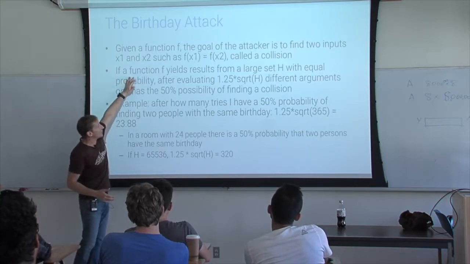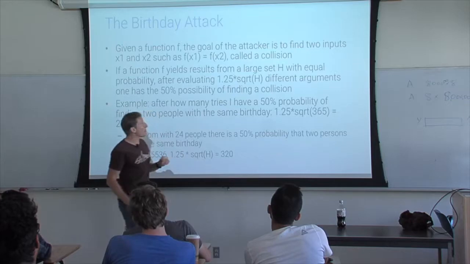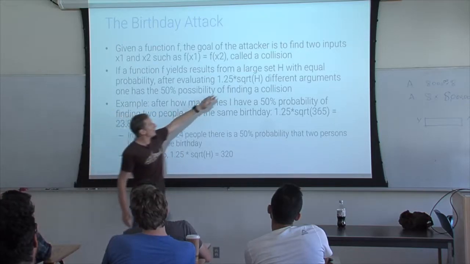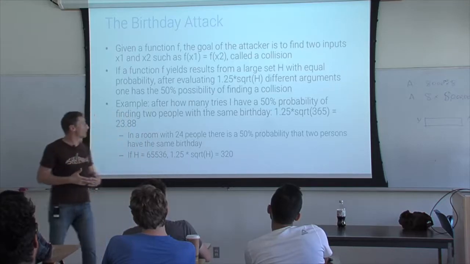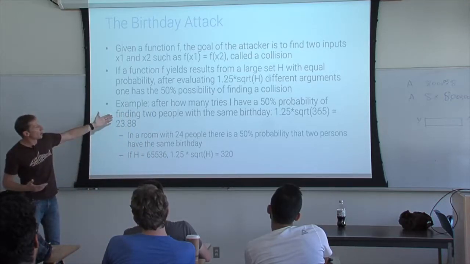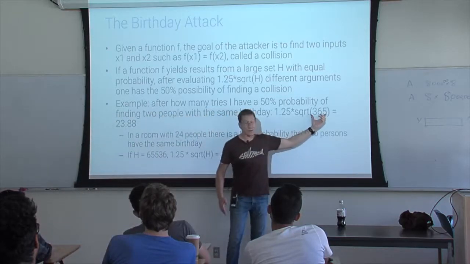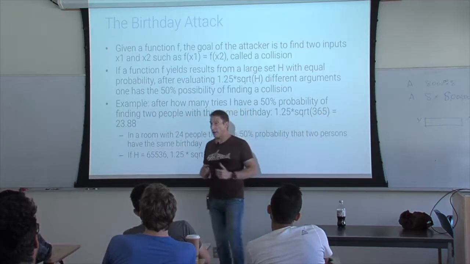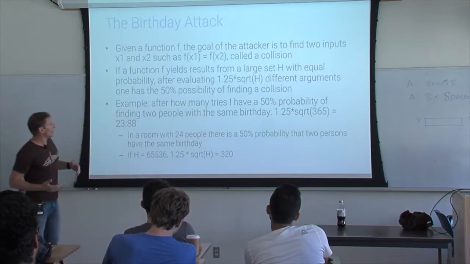If a function has results on a large set with equal probability, there is a certain probability that you have a collision. So for example, the space of birthdays is 365 days.